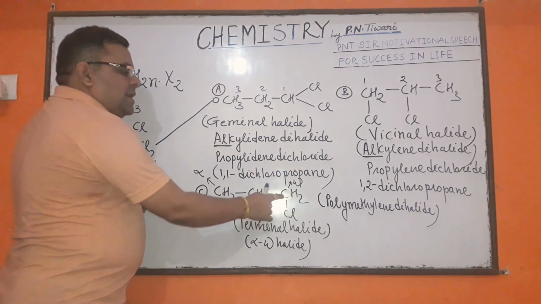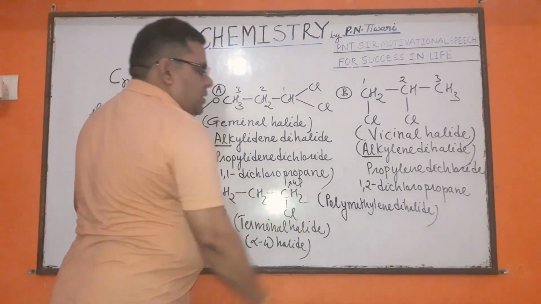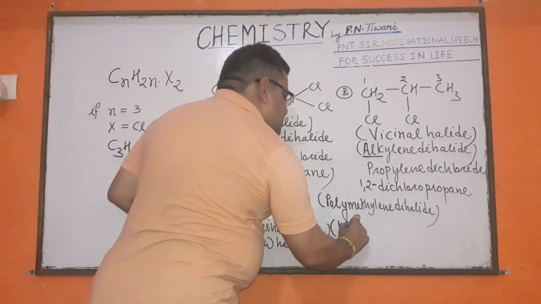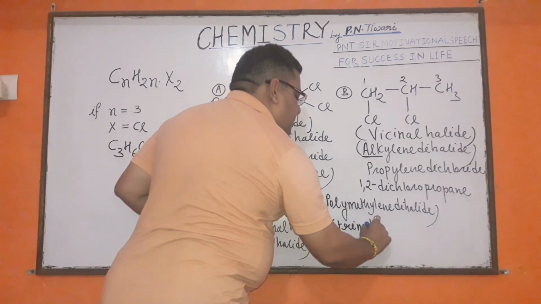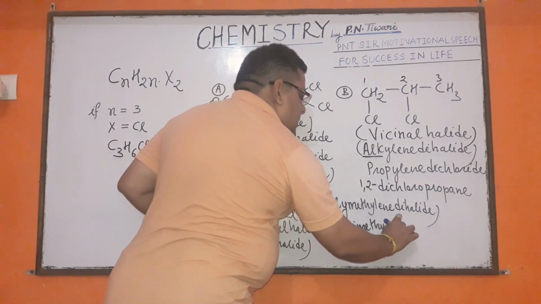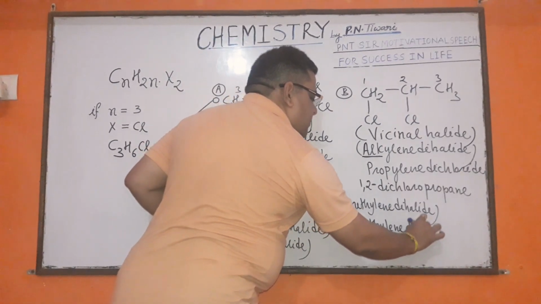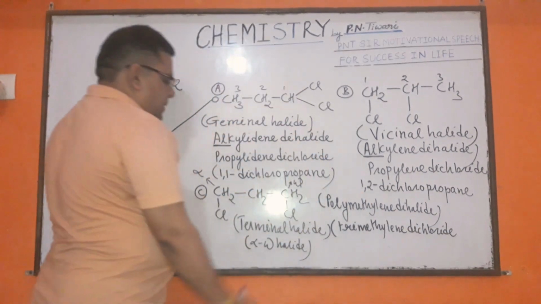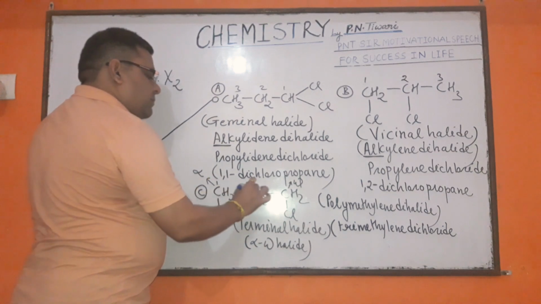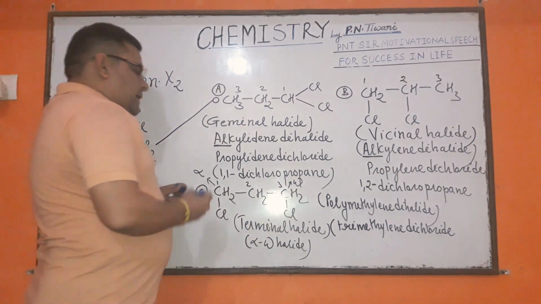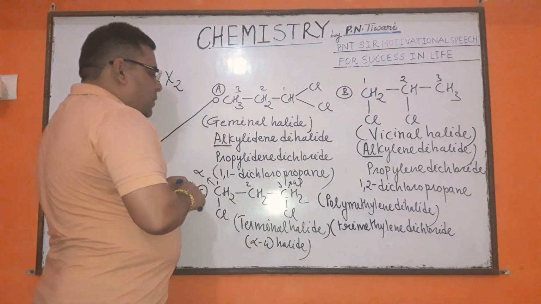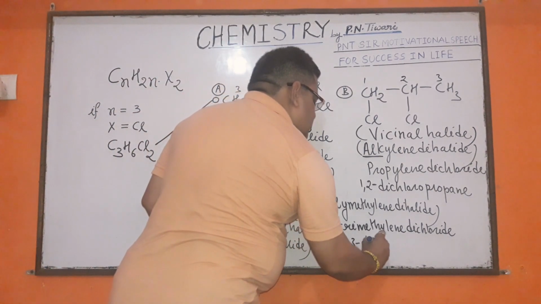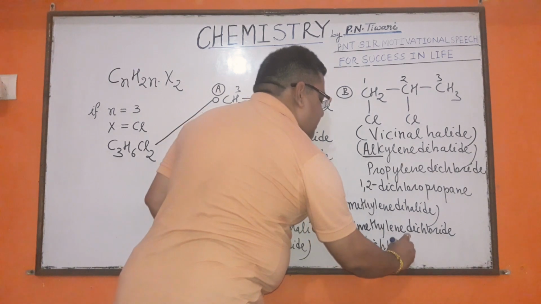It has 3 methylene group. Therefore in place of poly we can write tri for 3. So its common name will be trimethylene dichloride. And what will be its IUPAC name? Its IUPAC name can be simply written as 1,3-dichloropropane.